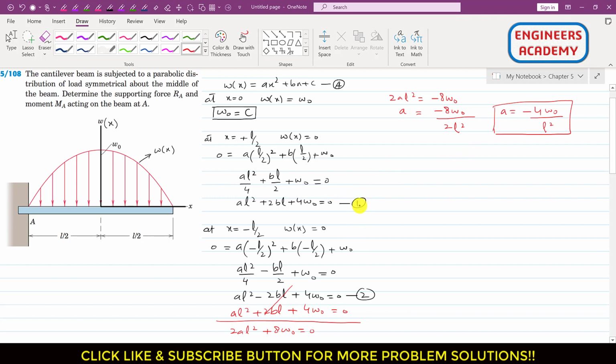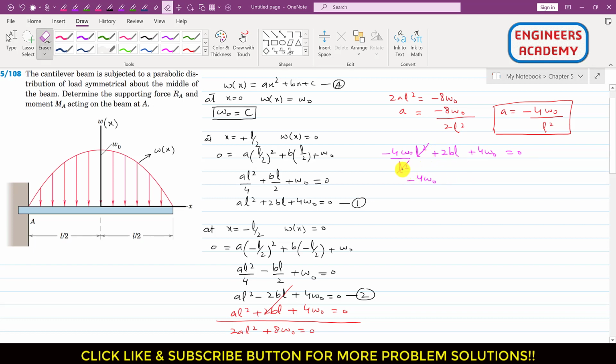So if I use equation 1, in equation 1 we have al square plus 2bl plus 4 omega naught, this is equal to 0, and now we know that a is equal to this thing, right? So we can write that this is minus 4 omega naught divided by l square, so l square will cancel out, and we will be left with minus 4 omega naught.